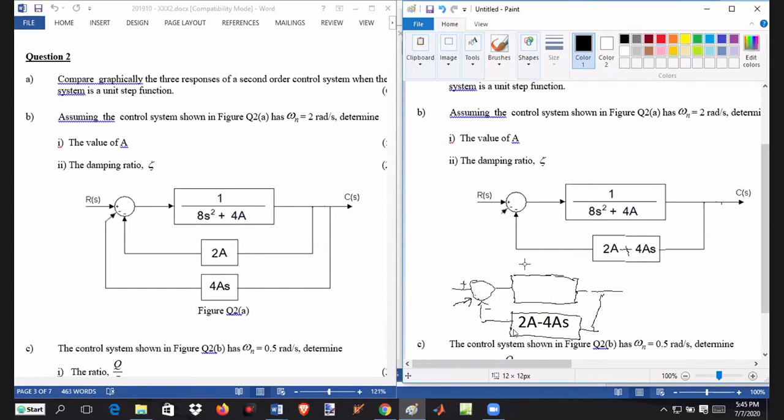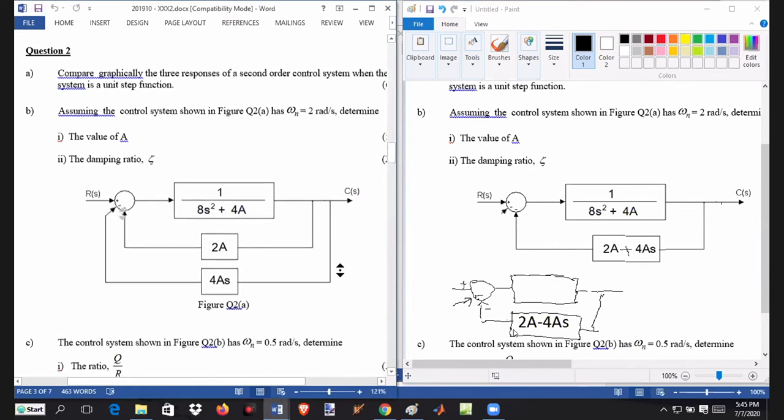So you go and change to negative. If the question gives you positive here, you have to put a negative here. Then change this one to negative.